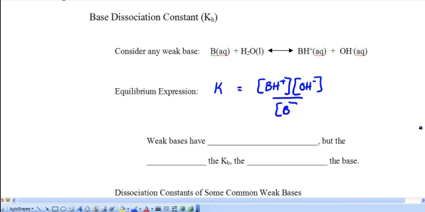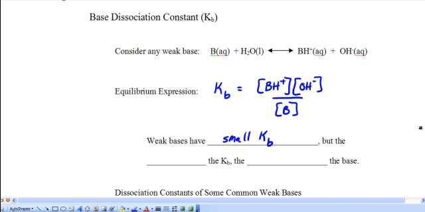Of course, you leave the water out because it's a liquid, and this would be called the base dissociation constant, so we would call it Kb. Ka, Kb, Kw, they're all going to be the same in terms of the fact that they are simply an equilibrium. Now, weak bases have small Kb's. That's what makes them weak. If they had large Kb's, they would lie far to the right and make them strong.